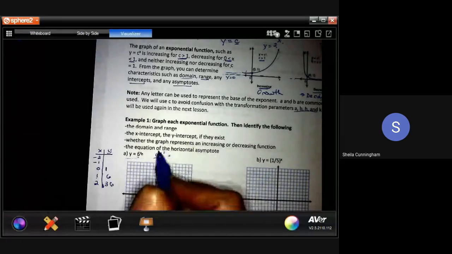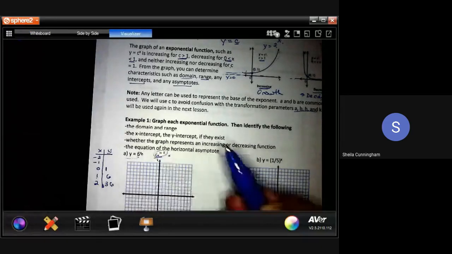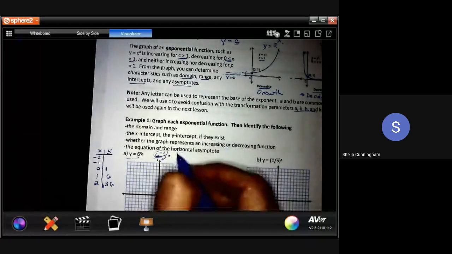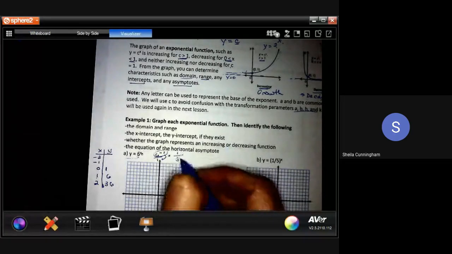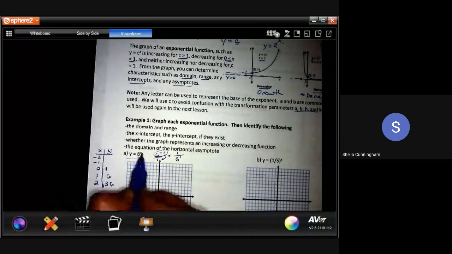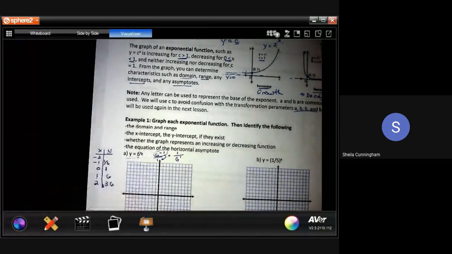In order to make this exponent positive, I'm going to move the base and that negative exponent, shift it down, take the reciprocal of it. So I really have this as 1 over 6 to the power of a positive 1. So when I put a negative 1 in for x, I really have 1 over 6. It's 1/6, right? And we can figure it out as a decimal if we like, but we can just leave it as 1/6 as well.